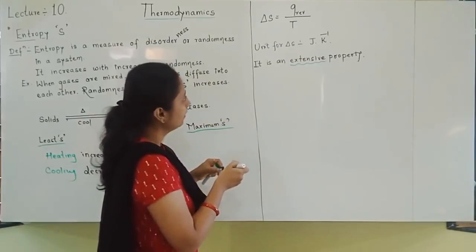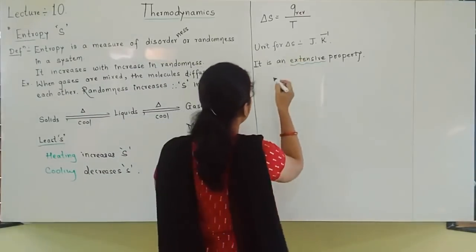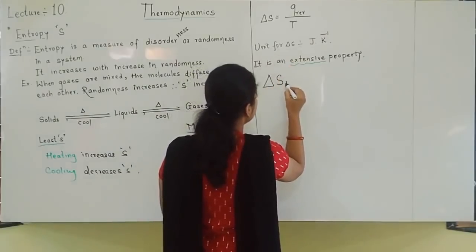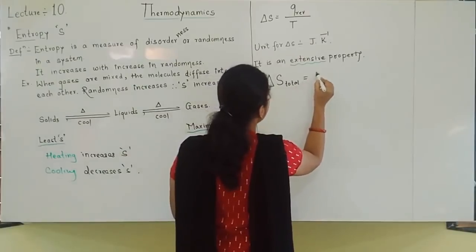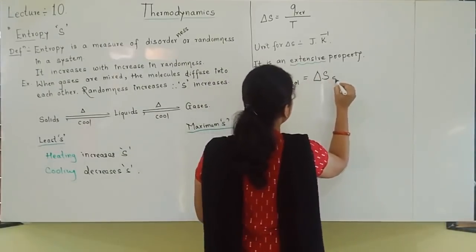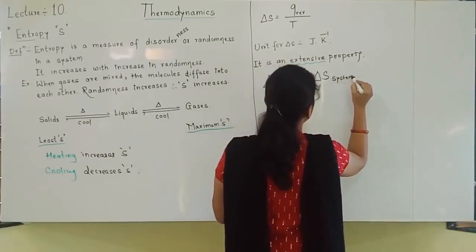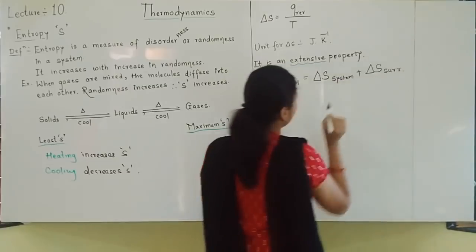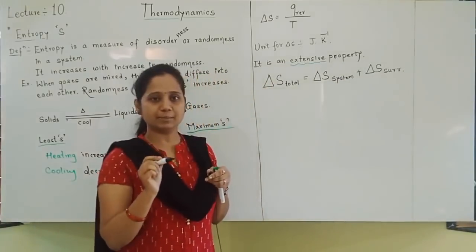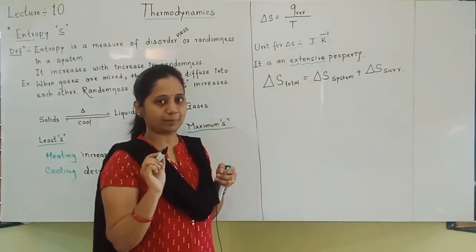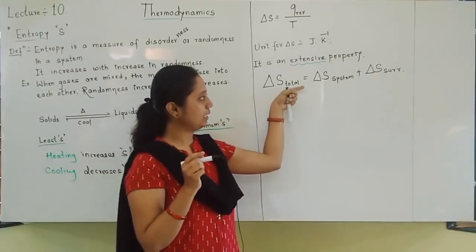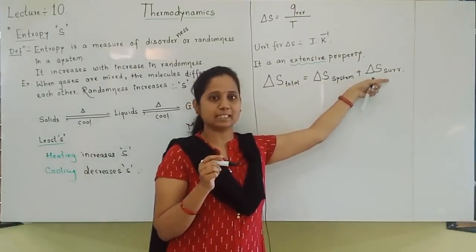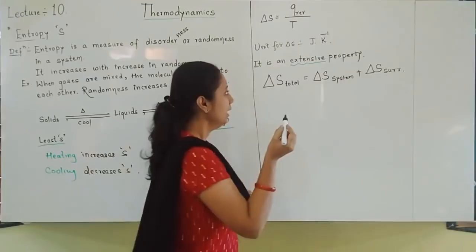Again we can say about the formula of delta S, that this delta S whatever we have written, that is delta S total, is always equal to delta S of system plus surrounding. I hope you know that the universe is made up of system plus surrounding. So delta S total is equal to whatever is for the system plus the disorderness in the surrounding.